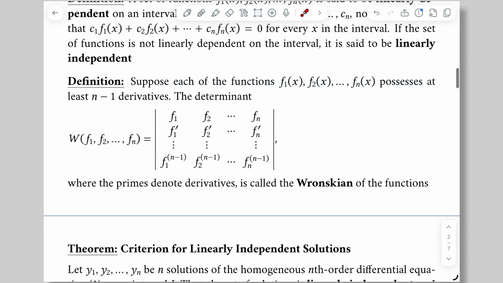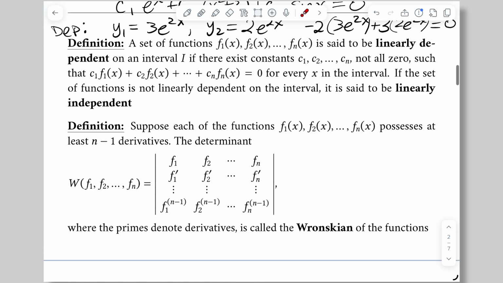However, it's not always obvious, and there is something called a Wronskian. It's a determinant, and the entries of the determinant in the top row are the functions that we're talking about. So if we have functions f1, f2, all the way to fn of x, and they all have n minus 1 derivatives, then we form a determinant with f1, f2, all the way to fn as the top row.